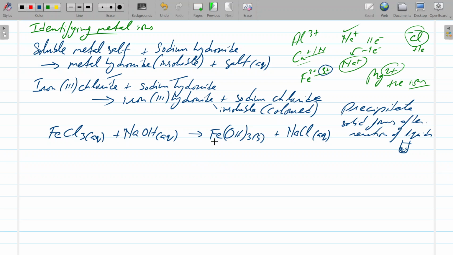So how do we fix that? Sophia? We put 3 here. Yeah. That would give us 3 chlorines, but now it's also giving us 3 sodiums. So we're gonna put 3 sodium on the reactant side.